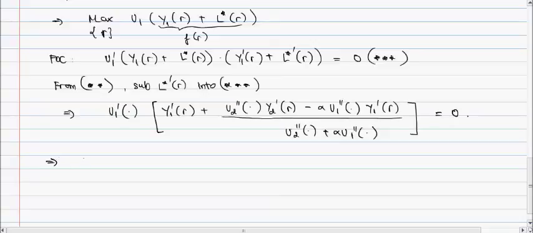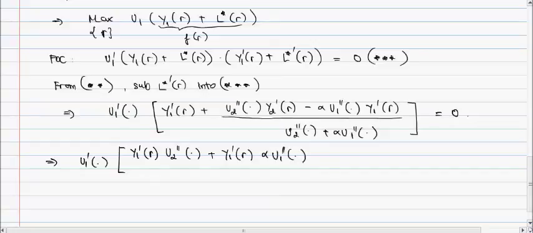So I put u1 star here, and if I try to do the common denominator for the thing inside the square bracket, that will become y1 dash of r multiplied by u2 double dash plus y1 dash of r times alpha u1 double dash. Okay, and then plus everything over here.